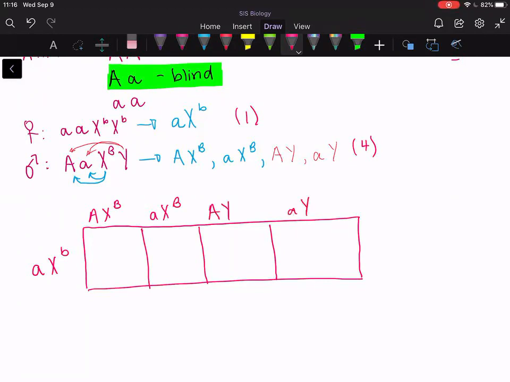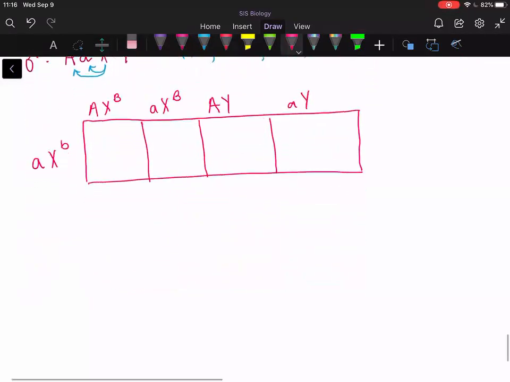Okay. And can you fill in the correct genotypes? Let's look back.